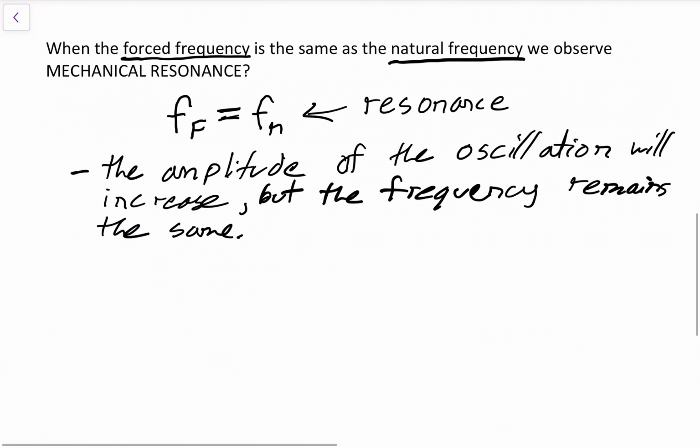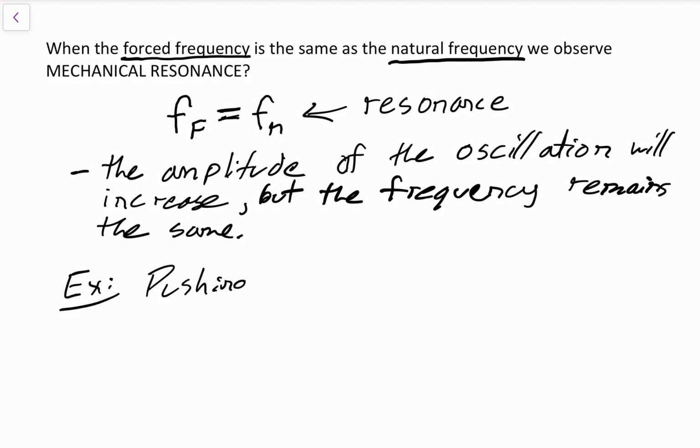And just to think about this, we can again think about pushing somebody on a swing. This is kind of the easiest example to understand this. I'll just write this down, pushing someone on a swing.